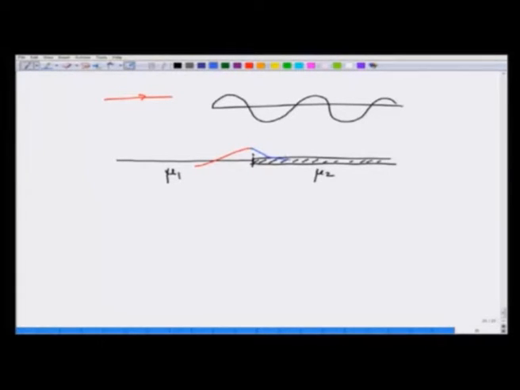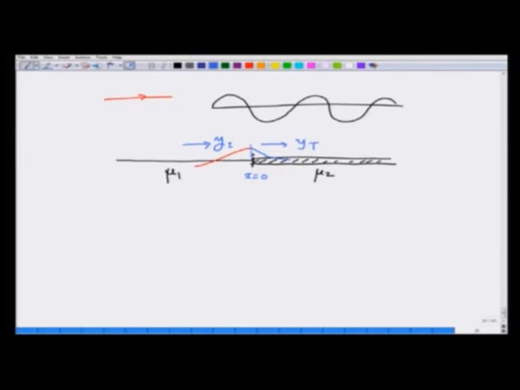What happens? Now, at this point the displacement is y. Let us take this to be x equal to 0 without any loss of generality. The wave incident is y incident and the wave transmitted is y transmitted.